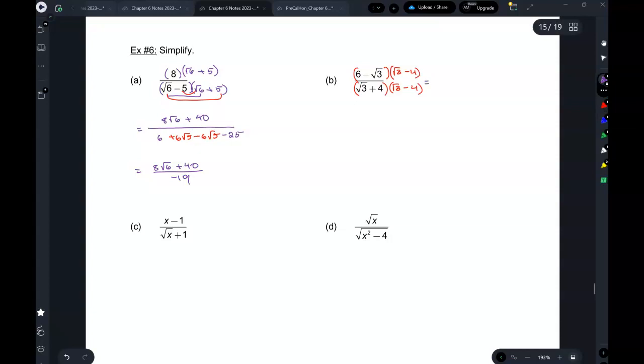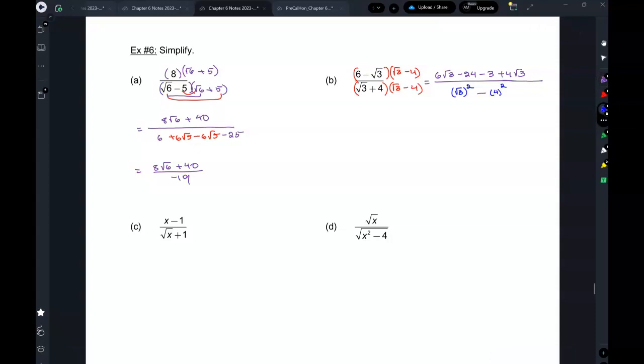Okay, so I do have to FOIL the numerator, right? Because they're different. So it's going to be 6 root 3 minus 24 minus 3 minus 4 root 3 plus 4 root 3. Okay, the denominator, it's going to be the first number squared minus the second number squared.